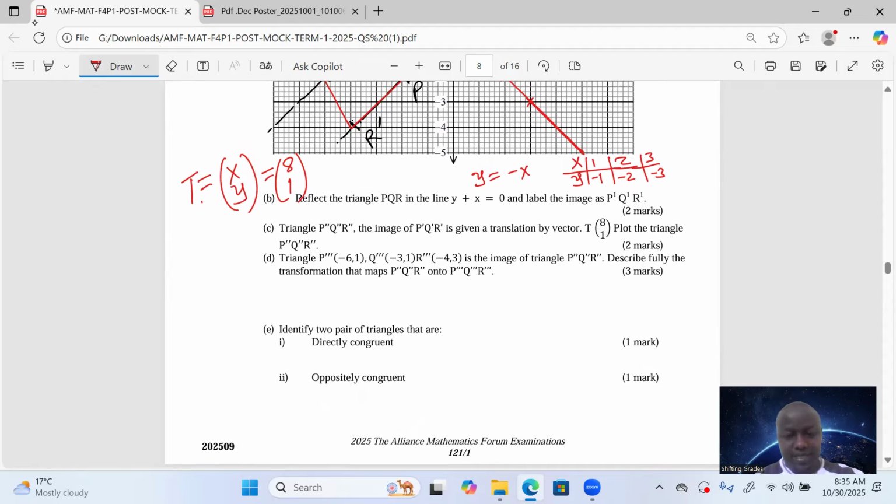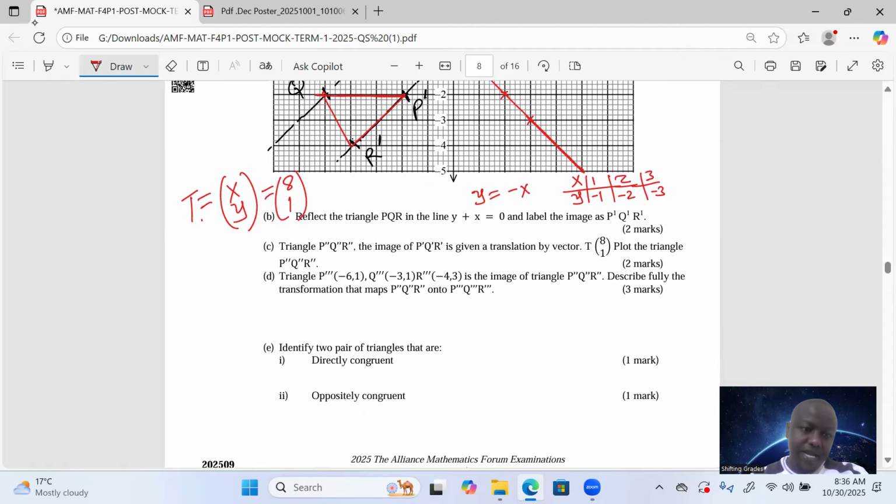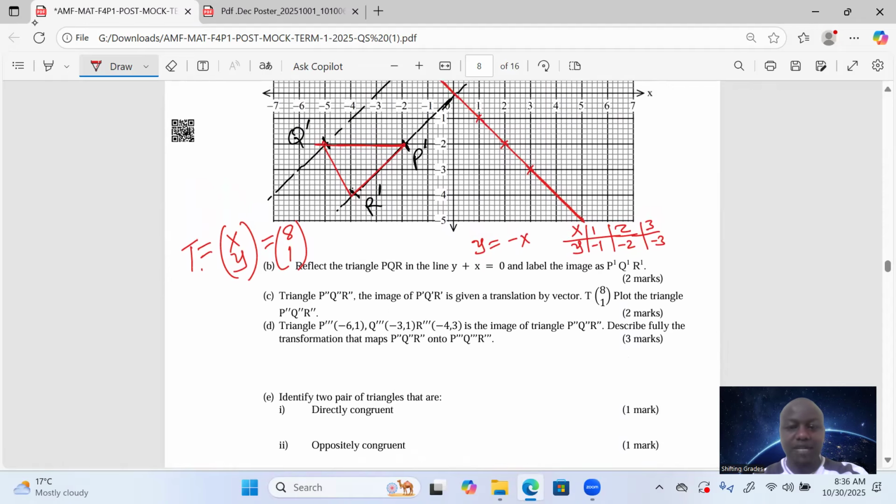On the X-axis, if the units are positive, we move to the right. If they are negative, we move to the left. According to the Y-axis, if units are positive, we move upwards, and if they are negative, we move downwards.